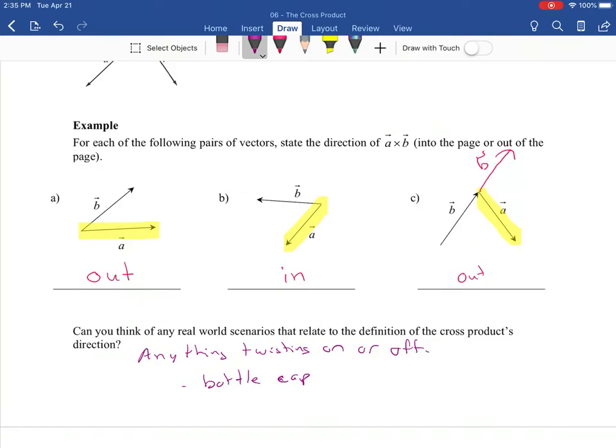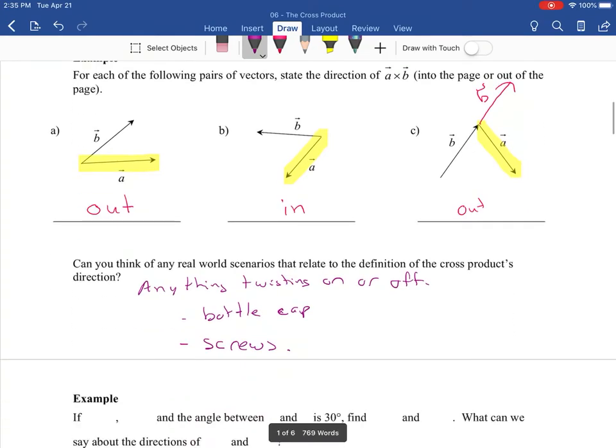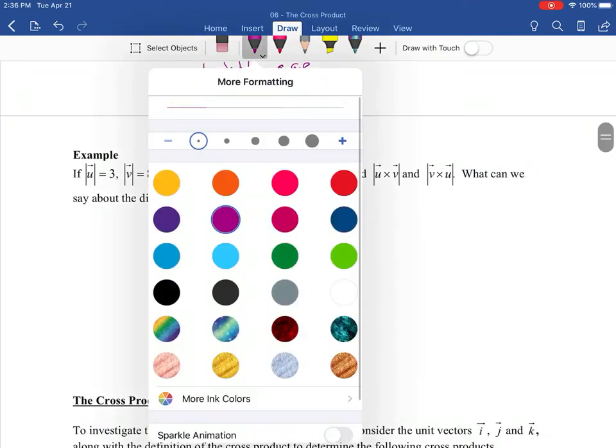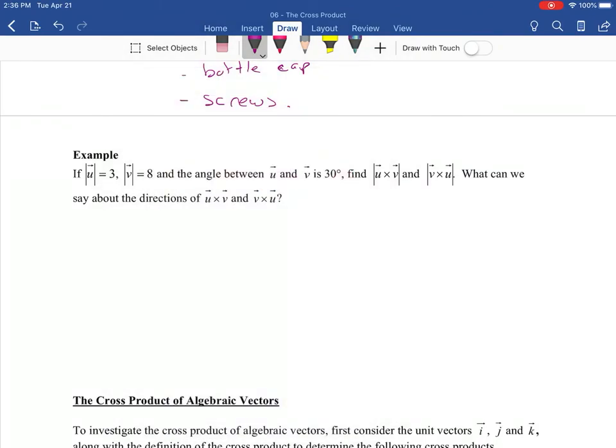So a bottle cap. You twist a bottle cap with the palm of your hand, and you twist it, and it goes upwards. The bottle cap comes up off the bottle. So also screws do this. There's more to it than that, but that just gives you a flavor for how I can be twisting something and it moves up or down, and there's lots of things that do that.